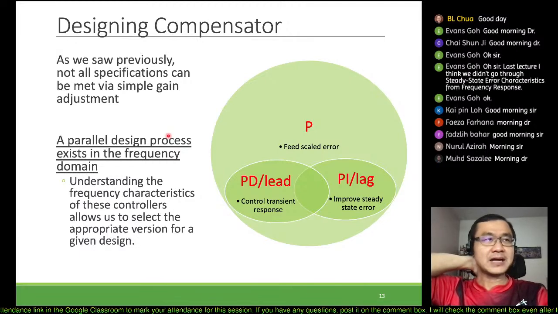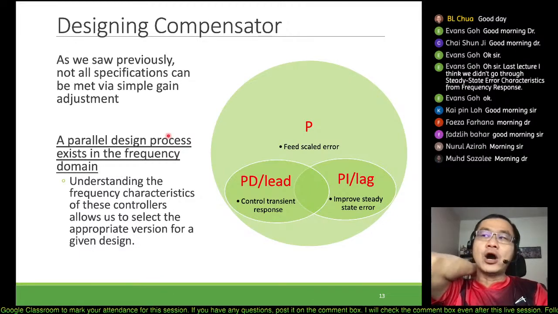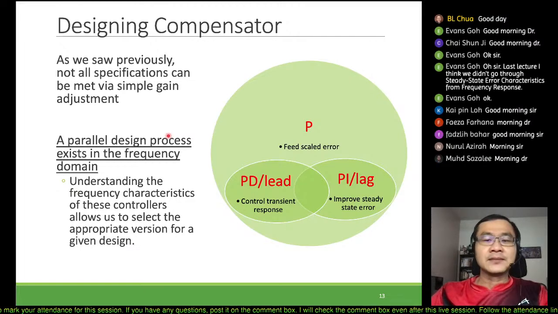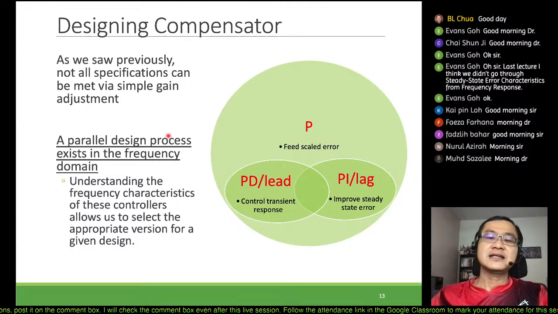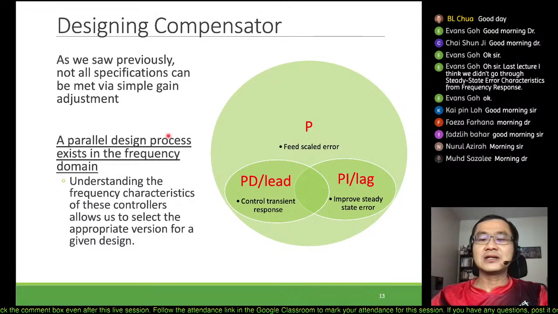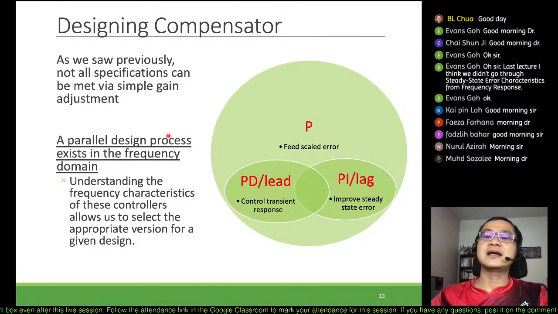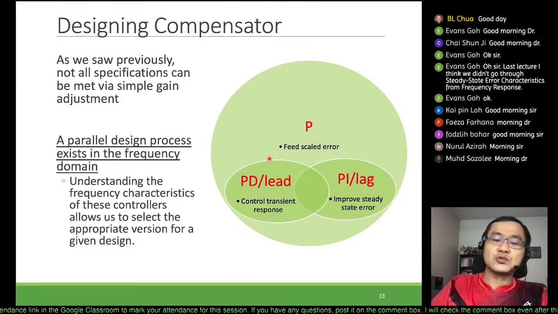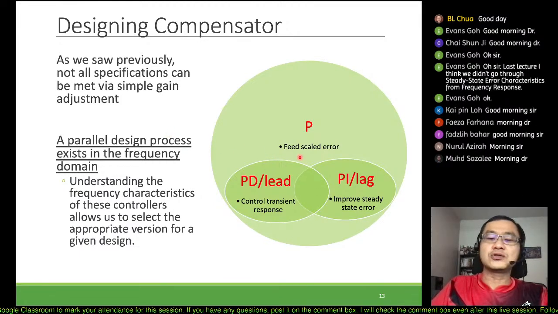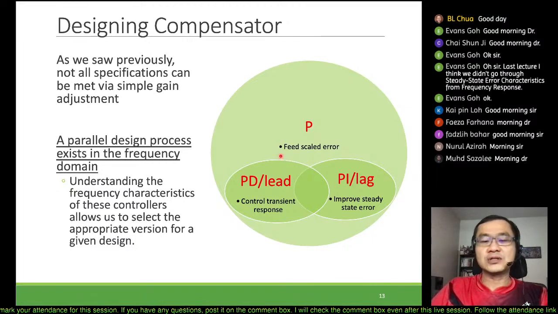So now come back to this compensator part. As you have seen previously, we can improve the steady state error using a PI or a lag compensator, whereas when we try to control the transient response, we would prefer a lead or the PD type of compensator.